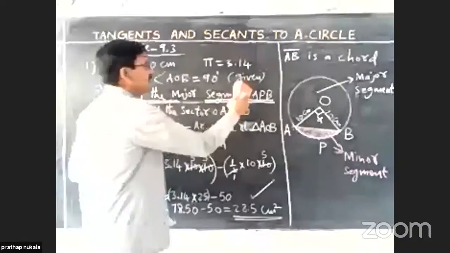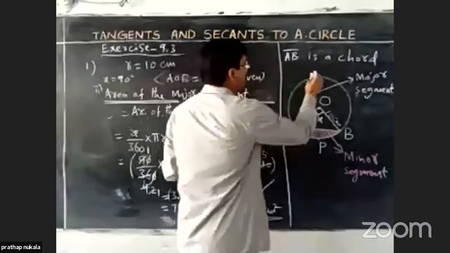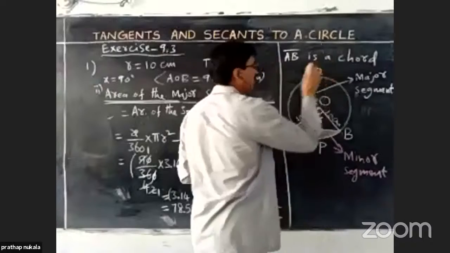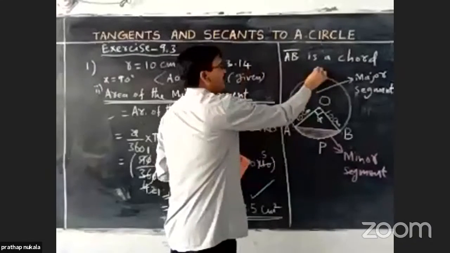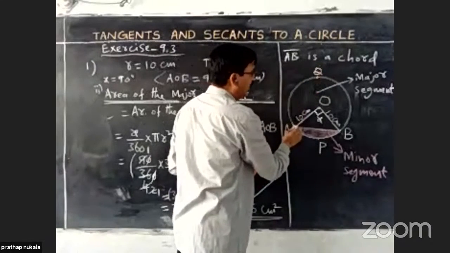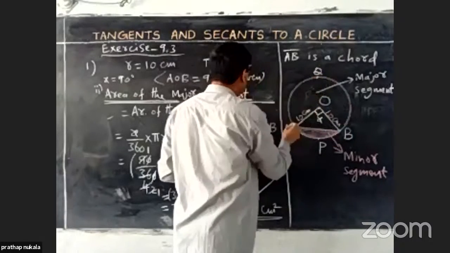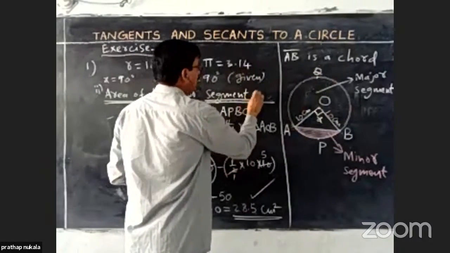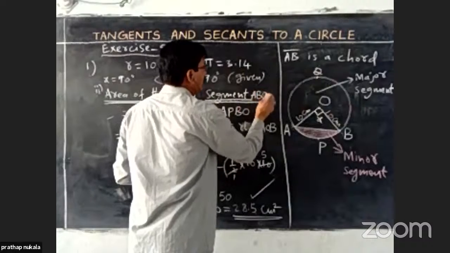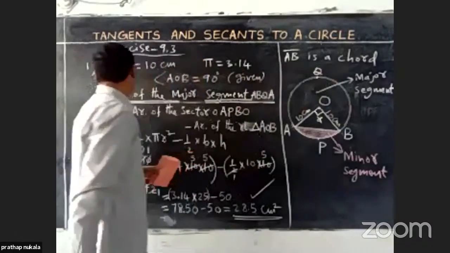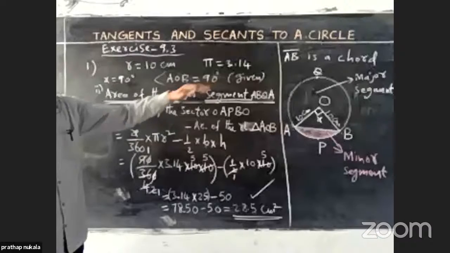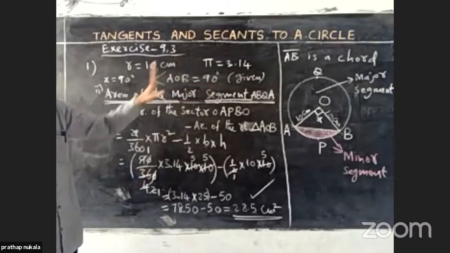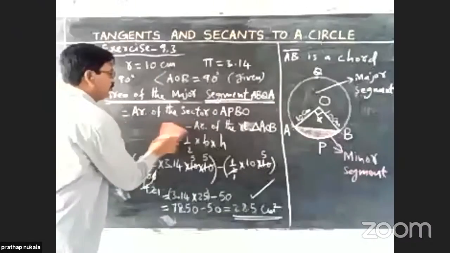If we put a point Q here, then A, B, Q, A. This is the area of the major segment.